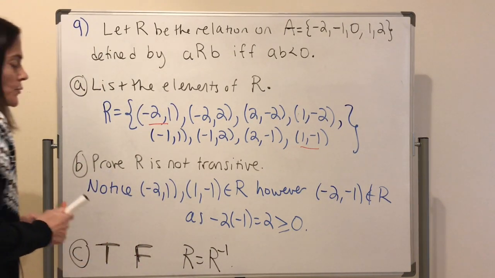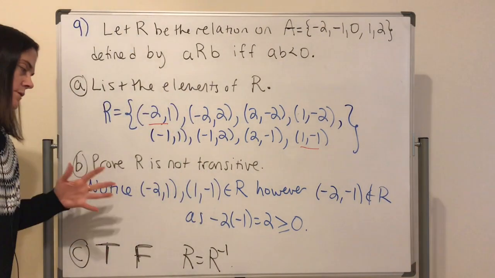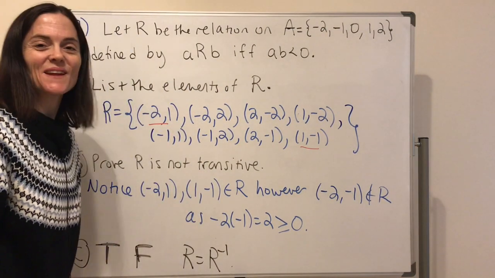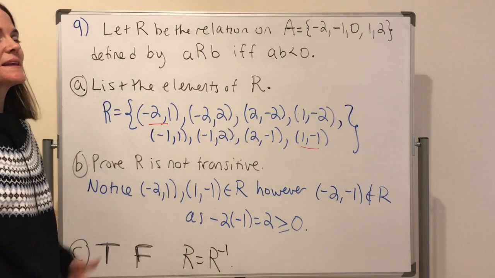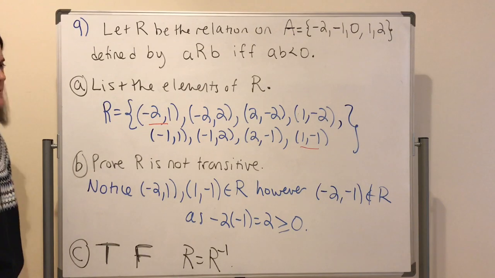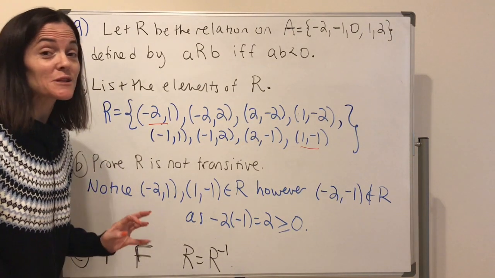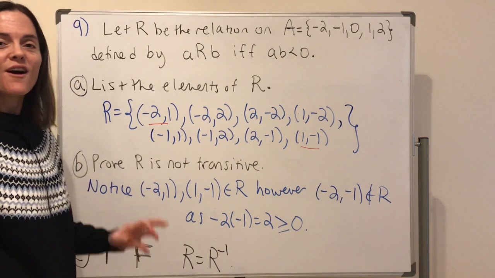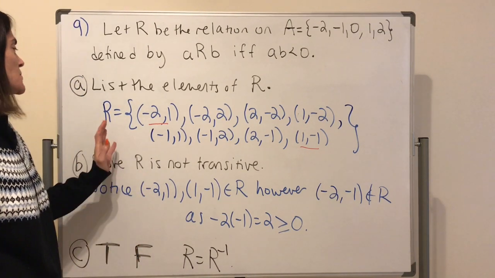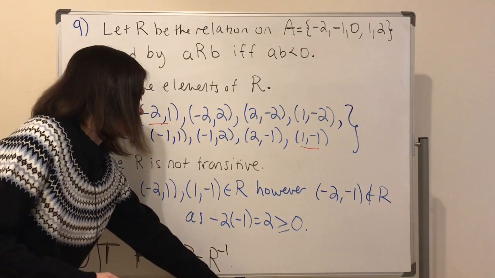One thing that we proved, in fact, part of it, one direction, is one of the problems I was going to go over, but it's something from class, or maybe it was from homework, that R equals R inverse, the inverse relation, if and only if R is symmetric, and this is without a doubt symmetric. The answer here is true.